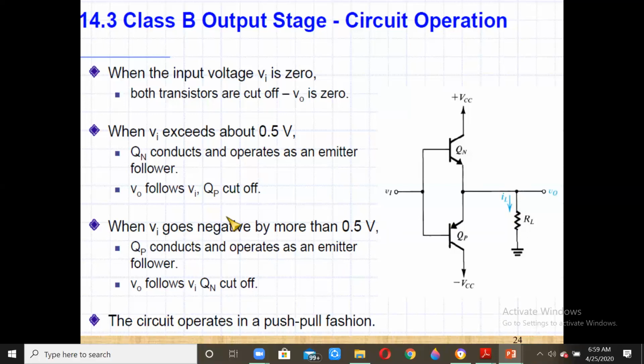Thus we can see that for 180 degrees of the cycle QN operates, in the positive cycle, and for the remaining 180 degrees, the negative cycle, QP operates. Because of this reason, the circuit is said to operate in the push-pull fashion.